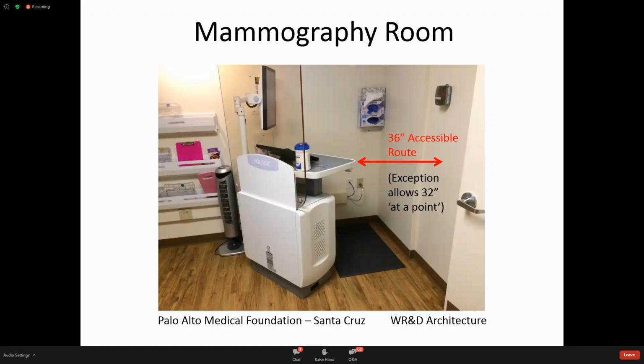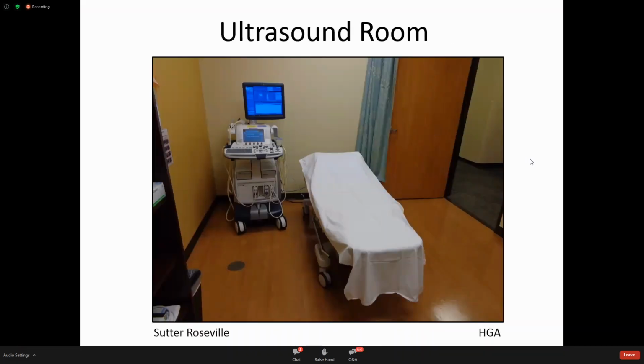This does come up from time to time because we all try to push that console back into the corner as much as we can. And there is a point at which you can't go any deeper. So we've got that. Now an ultrasound room.